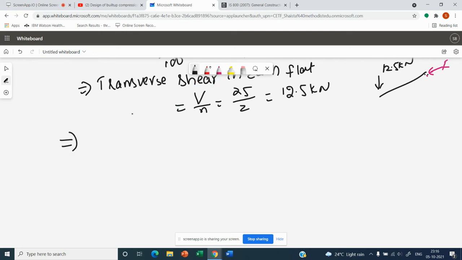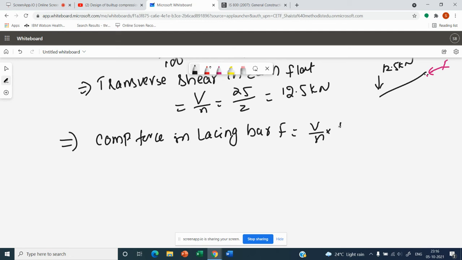lacing. We got transverse shear in the lacing, and now we are finding out compressive force in lacing bar F, because of the shear what you are getting. So this is equal to whatever you got, V by N. You can see this is its component. Okay, V by N into 1 by sine theta.